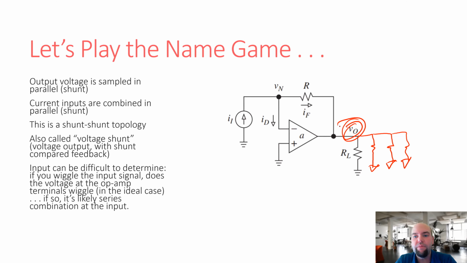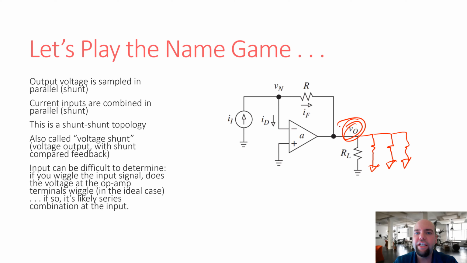If we're measuring voltage with a multimeter, we put the leads of the multimeter in parallel with the thing we're measuring. That's how we sample voltage. We sample voltage in parallel, which is also called shunt. Shunt is a term used to refer to parallel. So anytime we're using voltage as a feedback signal, we are measuring it in shunt. We would say this output is being sampled in shunt.